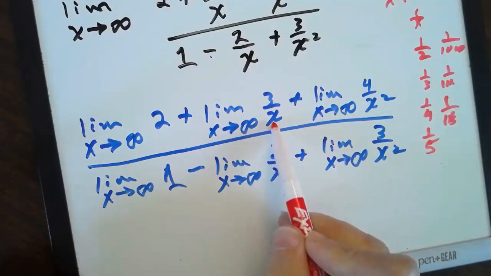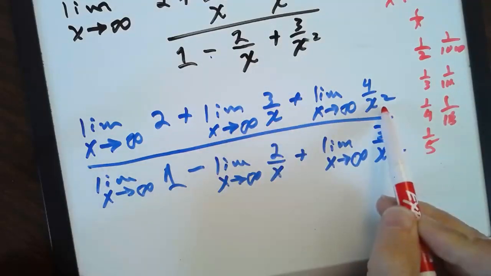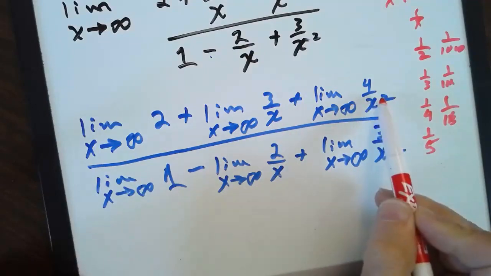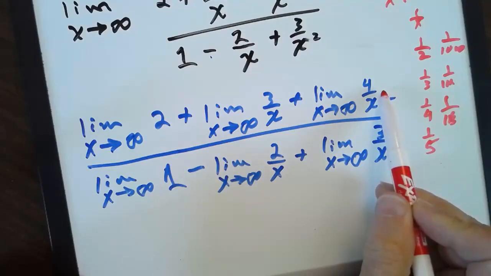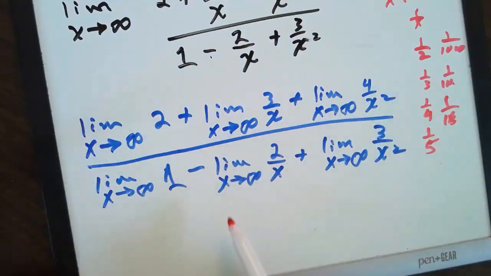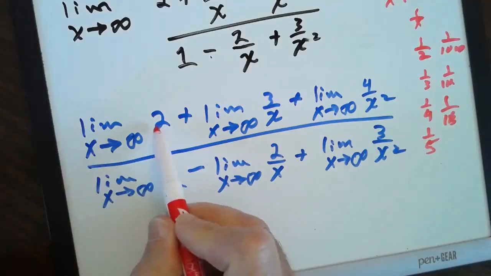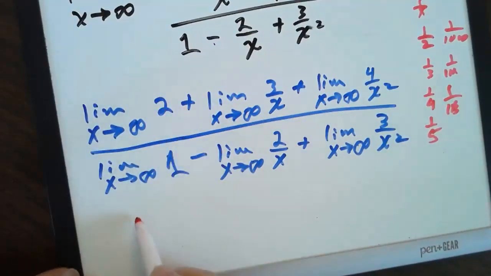So anywhere there's an x in the denominator, that fraction is going to tend to 0. The limit of a constant is just that constant.